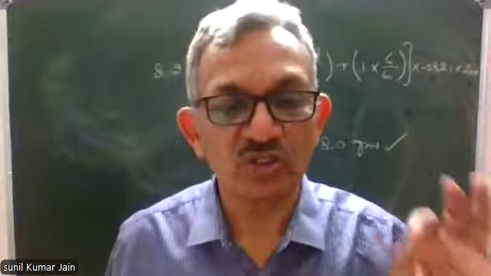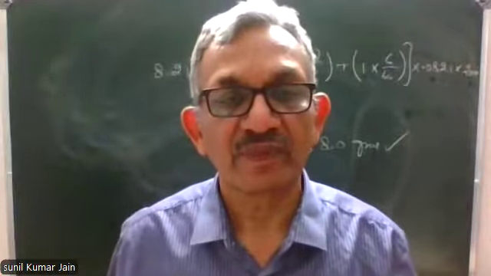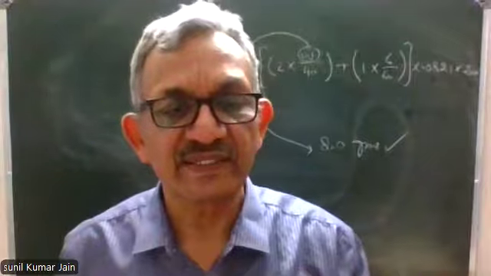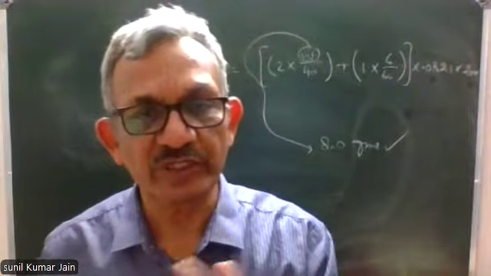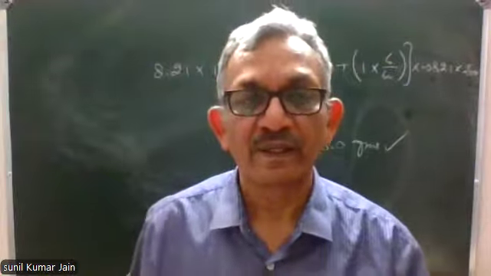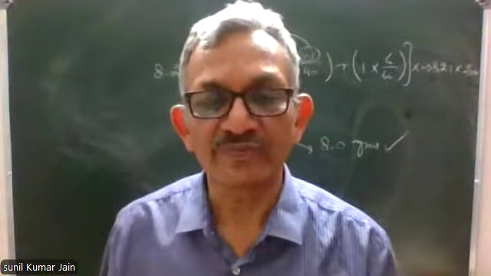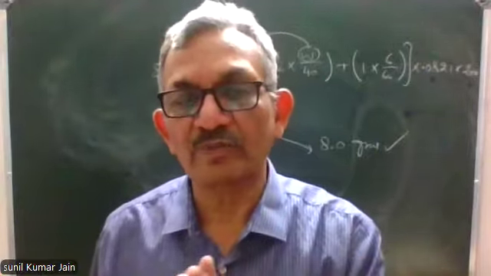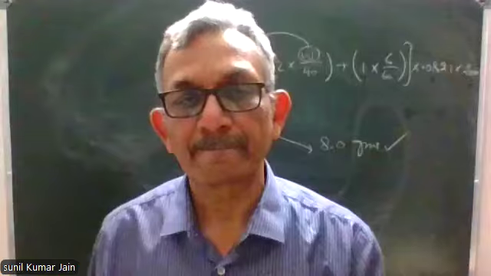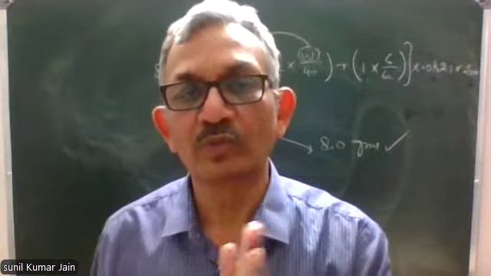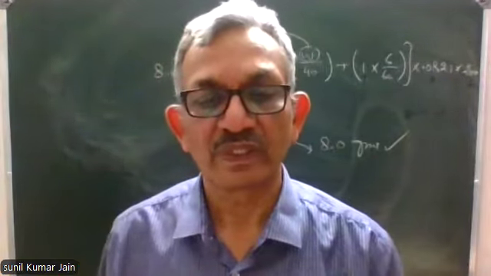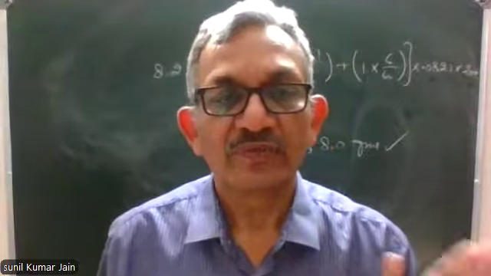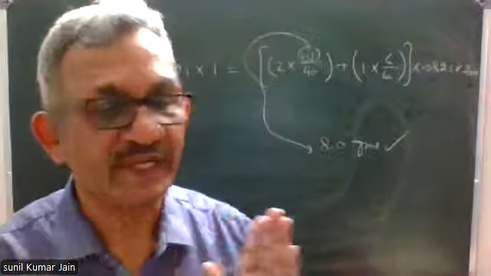For dissociation, alpha means degree of dissociation, and it is defined as the fraction of total number of molecules or moles of solute which dissociate into ions.